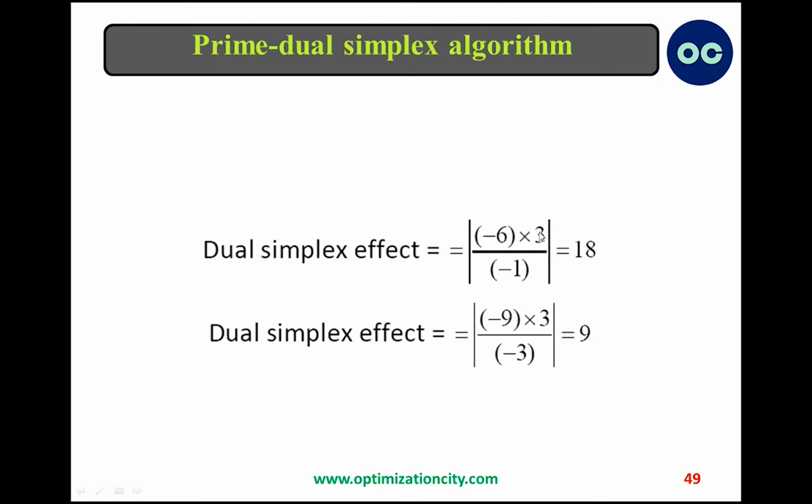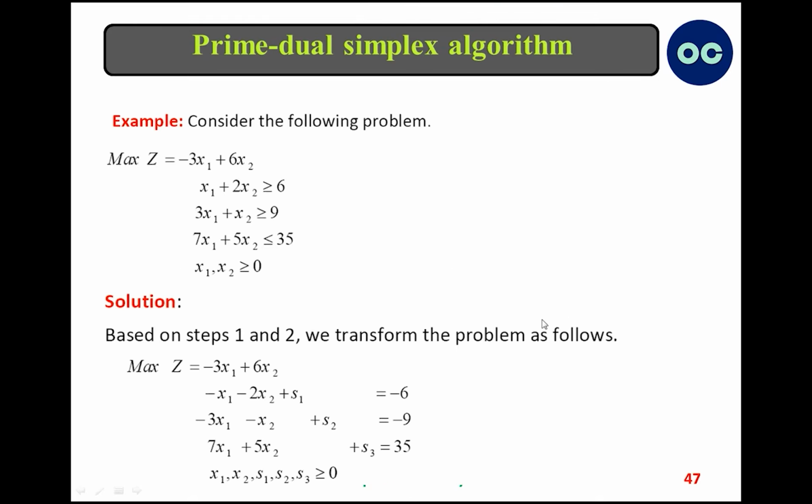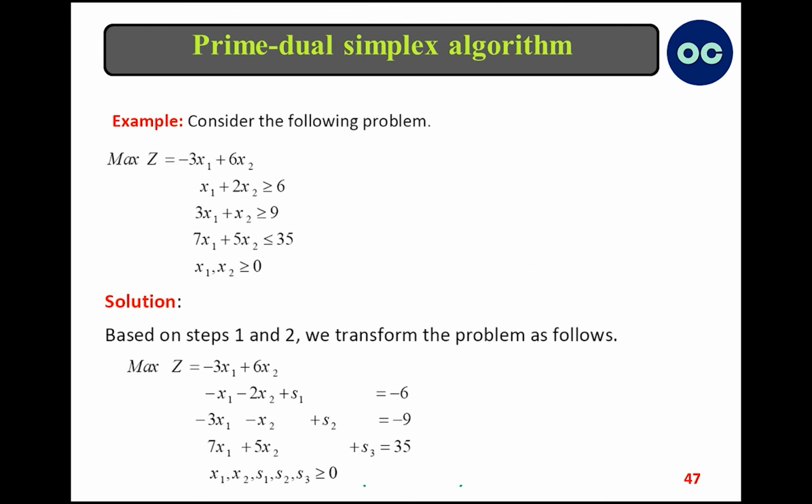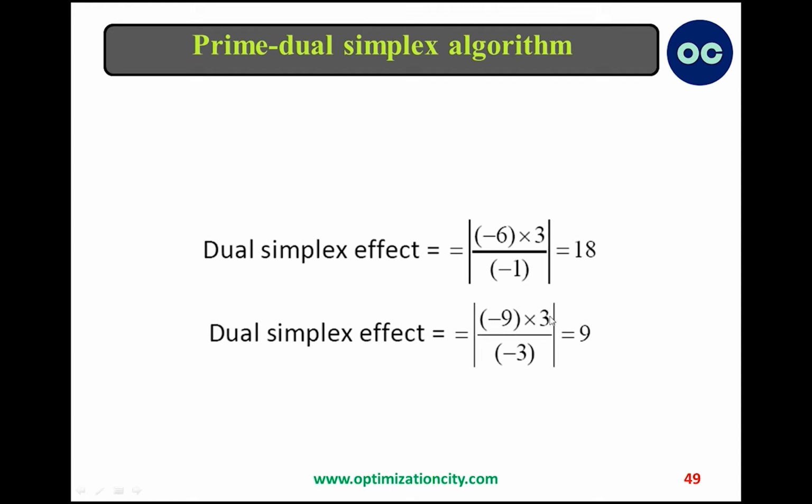So we have 3 and 3 here, and this is the right-hand side, which should be a negative value, and the coefficients of x1 in the objective function are -1 and -3. As a matter of fact, we have two dual simplex effects. One of them is 80 and the other is 9.